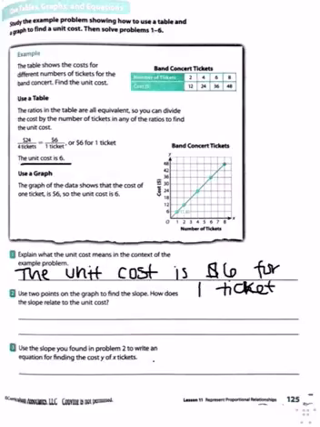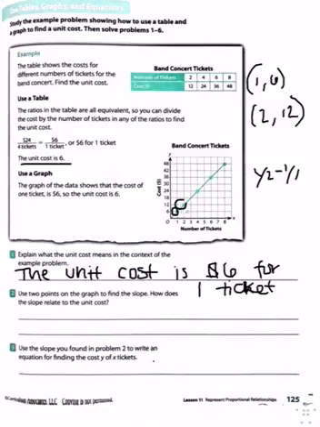Number 2. Use 2 points on the graph to find the slope. How does the slope relate to the unit cost? So if I use the 2 points, 1 and 6, and 2 and 12, I'm going to use my slope formula, y2 minus y1 over x2 minus x1.